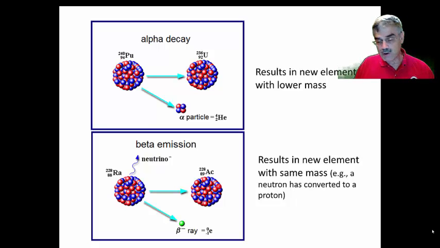We'll pause now and ask you to do a little quiz before we come back to our next lesson. In the next lesson, we're going to focus on why some nuclides, some particular isotopes, are unstable, and we'll talk about this concept of half-life.